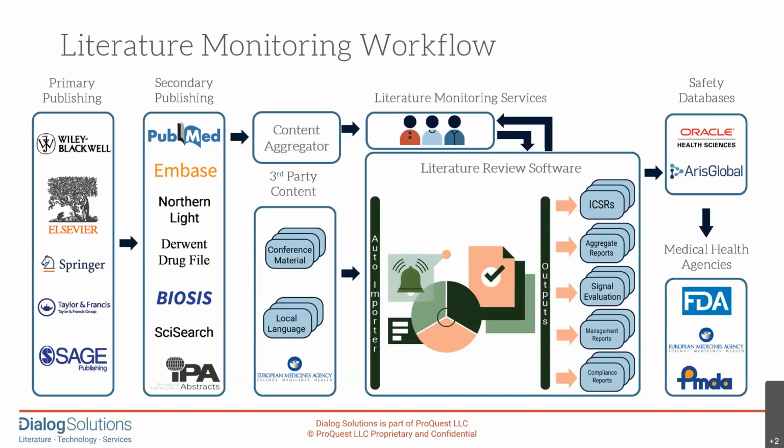References can then be sent into some signal evaluation software downstream or for discussion. And then management reports and compliance reports can be output in Excel or Word. So that would be the ideal literature monitoring workflow if software were deployed.